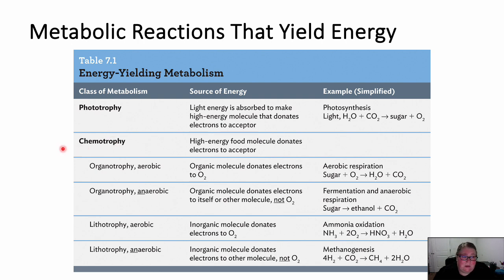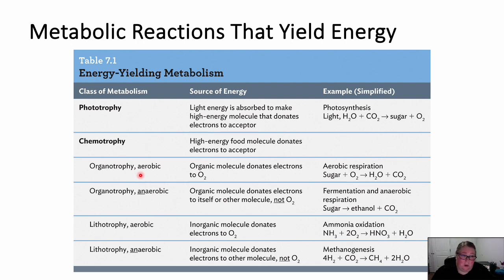The rest of us are chemotrophs, right? We are going to use food to get our high energy electrons. Now, where we get our food depends on what high energy electrons we get and how efficient the energy making process is.